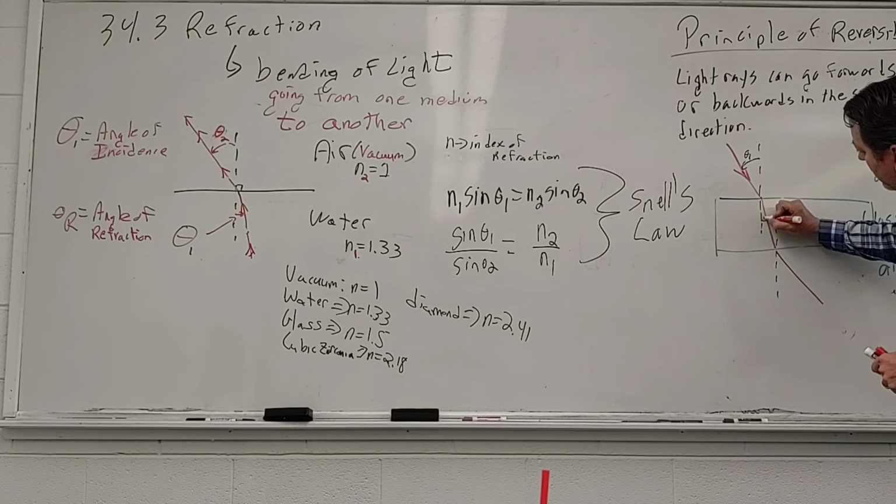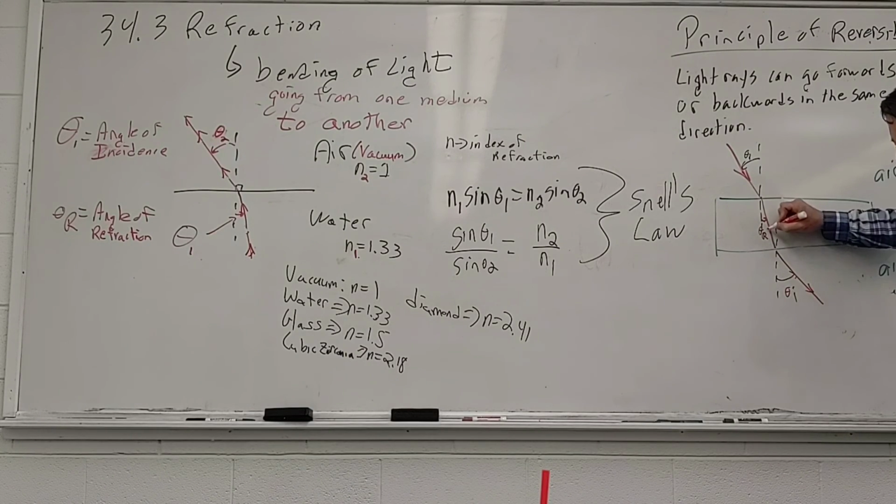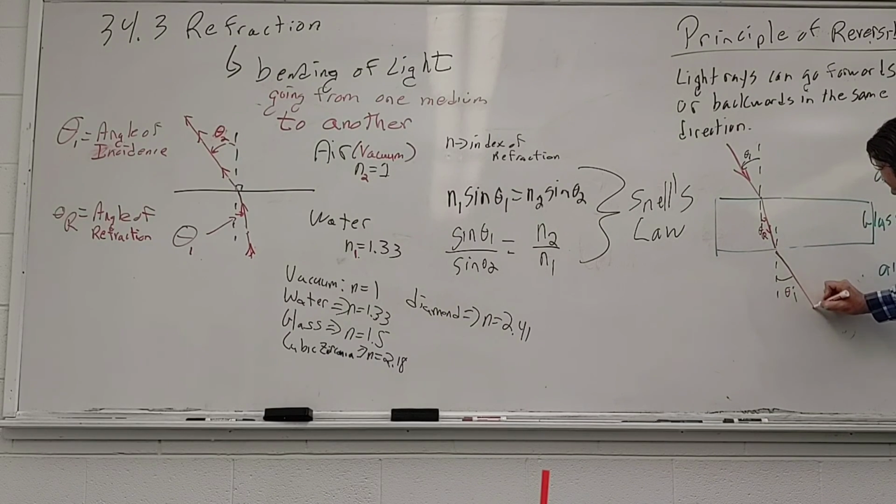So this angle here would be your refracted angle. This angle now is your incident angle. So when light comes out, it's going to come out... I didn't draw that very well. Let me draw that better. It's going to come out.